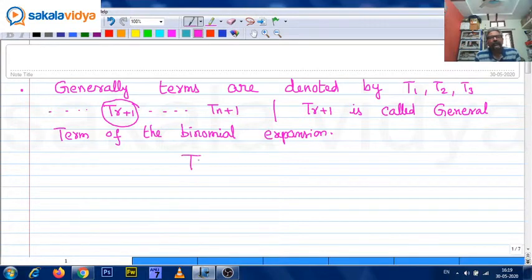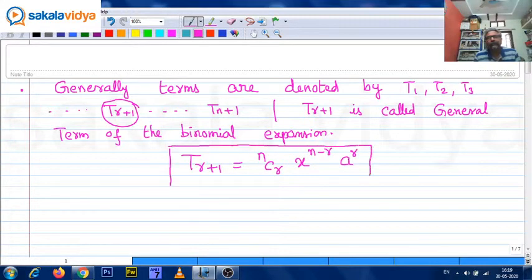So T(r+1) is equal to, you can remember like this, nCr x to the power of n minus r and a to the power of r. This is the general term of the binomial theorem.